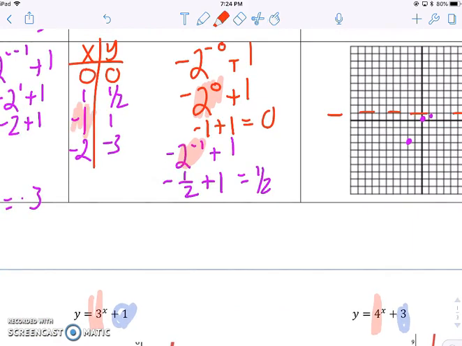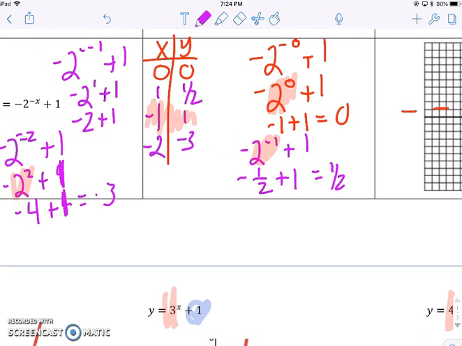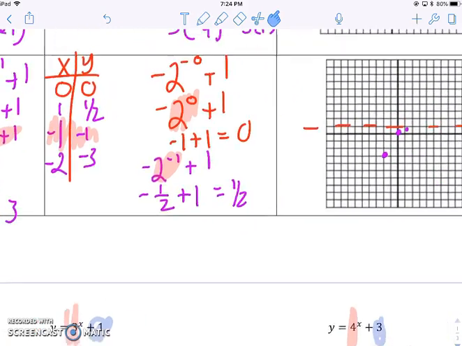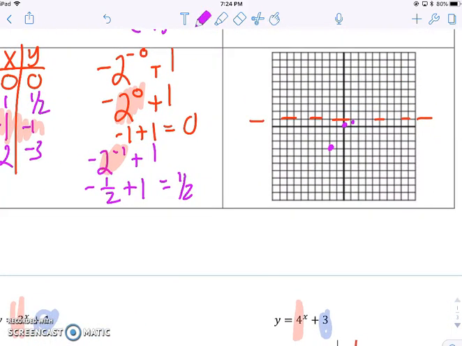This one, that wasn't making any sense. So when we plug in negative 1, I think that was over here. Oh, yep. Right here. Negative 2 plus 1 is negative 1. So we can see we have our swoop there.